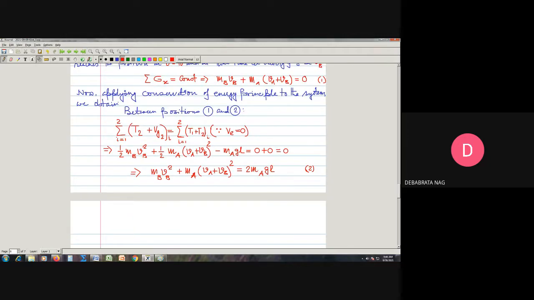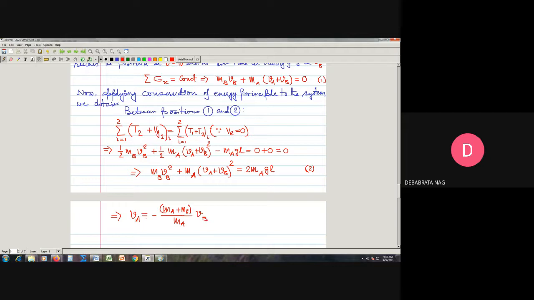So from equation 1, I can say that v_A, because v_B is my desired unknown, so I need to replace v_A. So v_A is going to be equal to minus (m_A plus m_B) divided by m_A, into v_B.